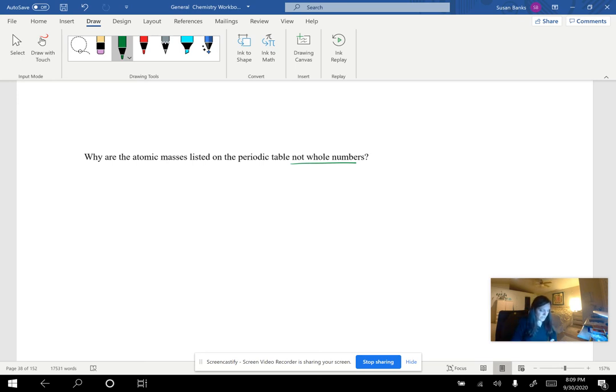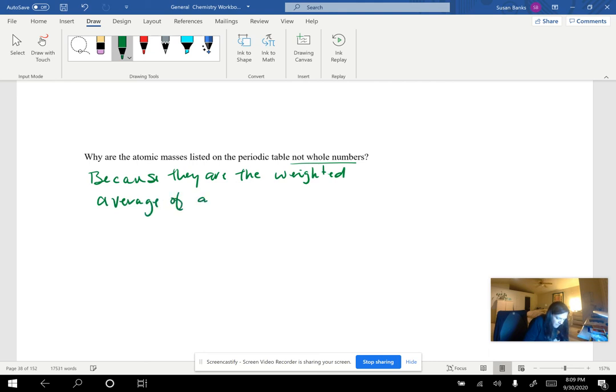Okay. Did you write it down? So, atomic masses listed on the periodic table are not whole numbers because they are the weighted average of all the isotopes of that element.